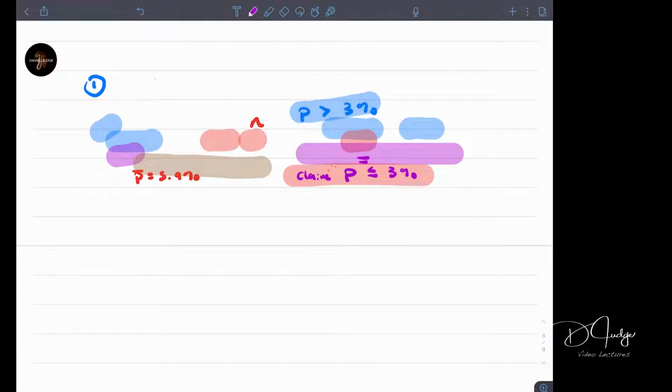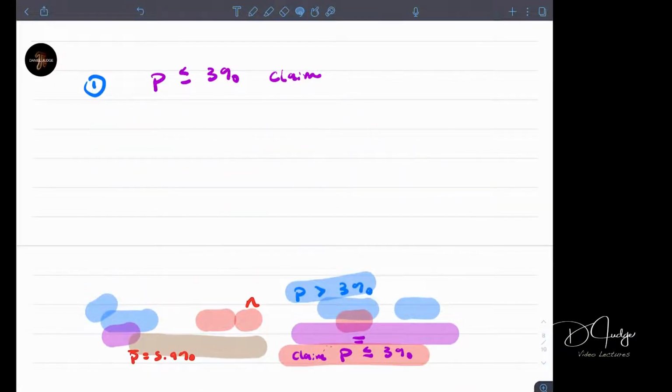Remember, we got the claim here being less than or equal to 3%. This is our claim. I believe sample information, right? They had a sample size. Well, we had a particular sample size.